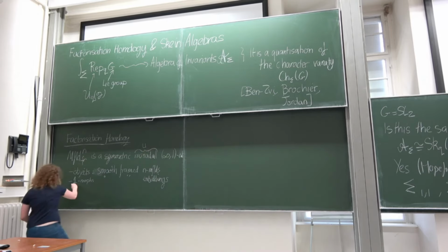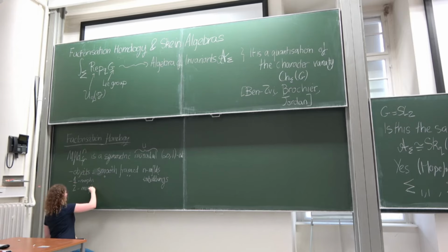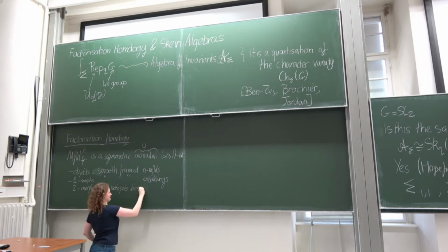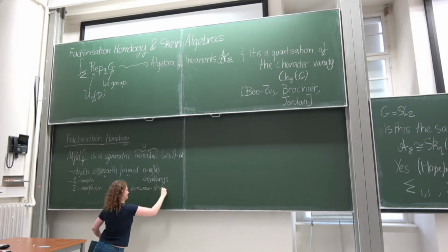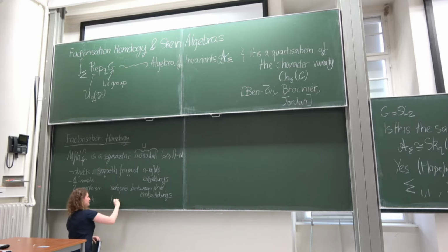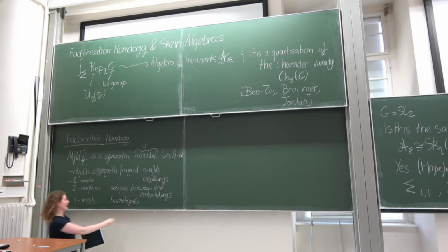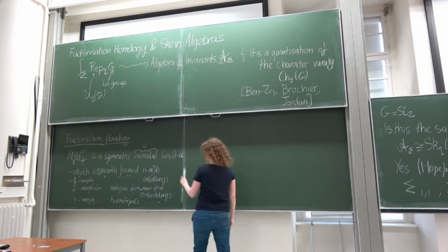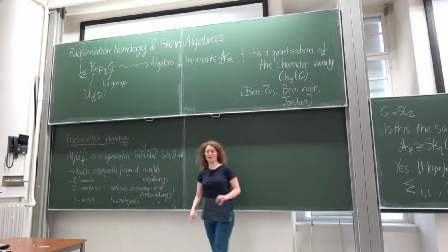The two-morphisms are isotopies between the embeddings, and the three-morphisms are homotopies between these isotopies and so on, really. So that all constructs you an infinity one category because all of this stuff is invertible.